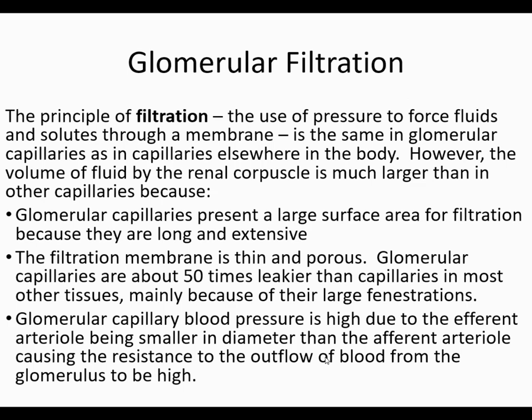So we'll get into this in greater detail. And like I said, it's related to pressure. So we'll talk more about pressures in the relationship of glomerular filtration on Monday, since we are at it.